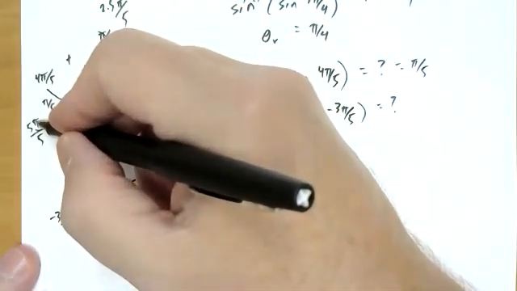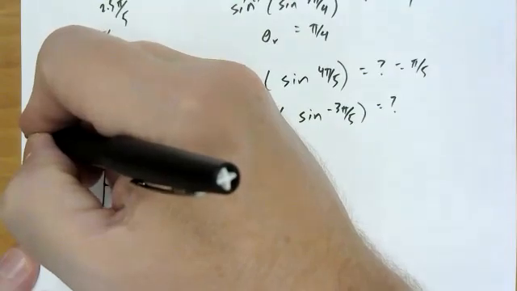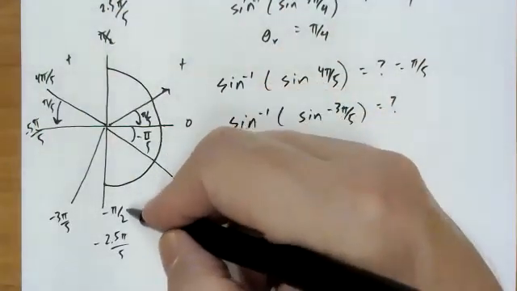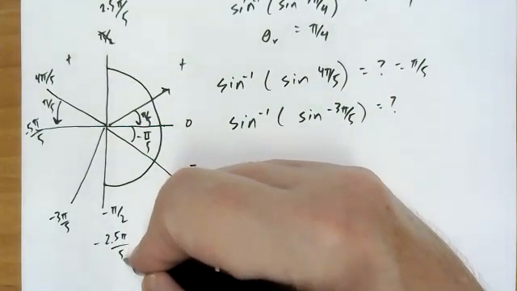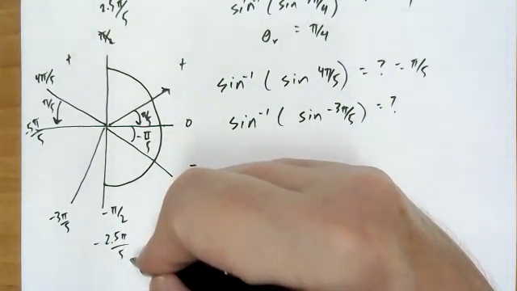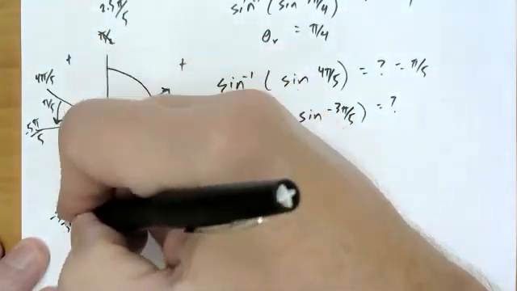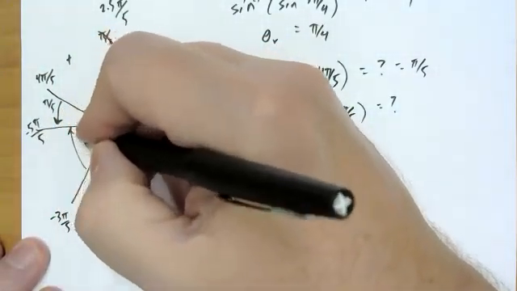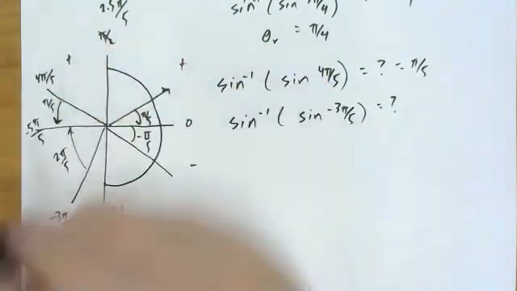So if this is 5 pi over 5, oh, this is -5 for this problem, -5 pi over 5. So if this is -2.5 pi over 5, actually here from 3 pi over 5 to 5 pi over 5, it's actually pretty straightforward, right? It's 2 pi over 5.